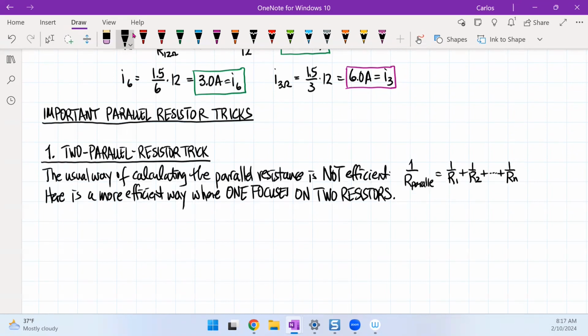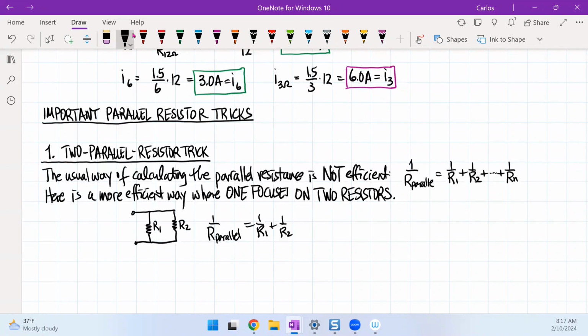Well, if I have two resistors, R1 and this is R2, the way we calculate parallel resistance is we do what? We say that 1 over R parallel is going to be 1 over R1 plus 1 over R2.